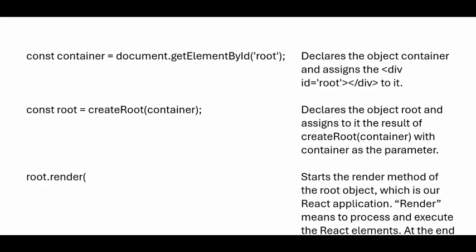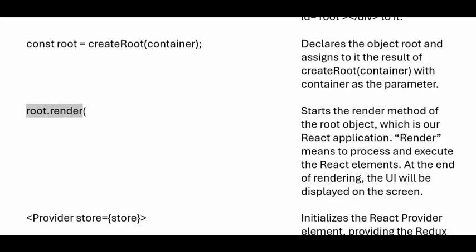Here, this statement declares the object root and assigns to it the result of the function createRoot, with container as the parameter. root.render starts the render method of the root object, which is our React application.